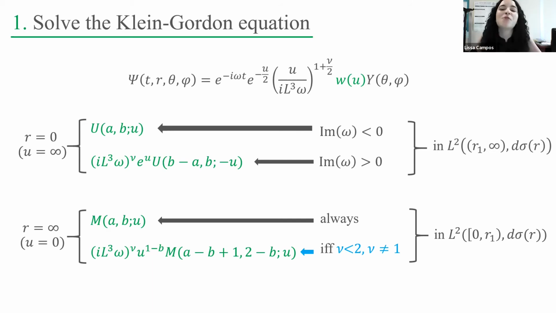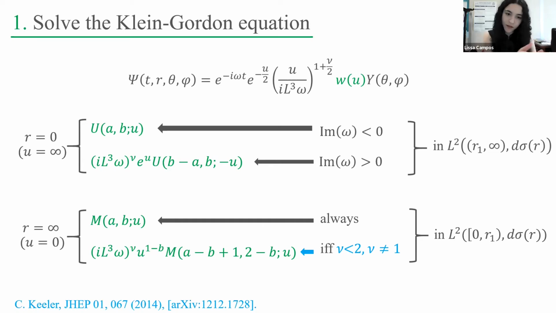What we have is that the R = 0 singularity is a limit point, so we don't need to choose boundary conditions there, but at R = infinity, for nu going from 0 to 2, which is tantamount to the interval obtained by Keeler that I mentioned at the beginning, we can impose other boundary conditions.